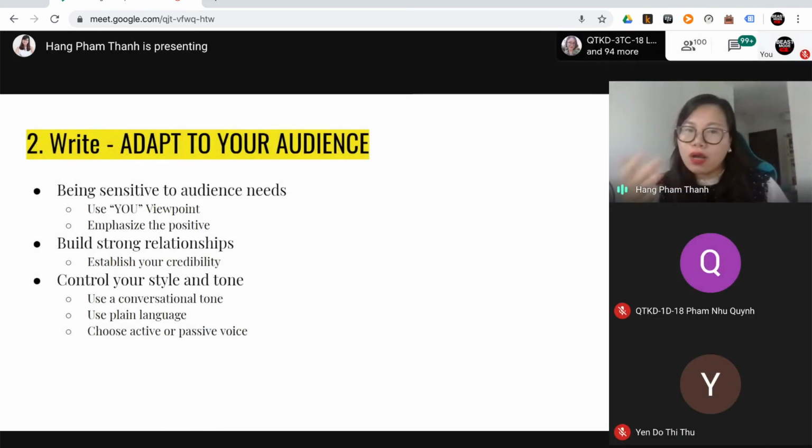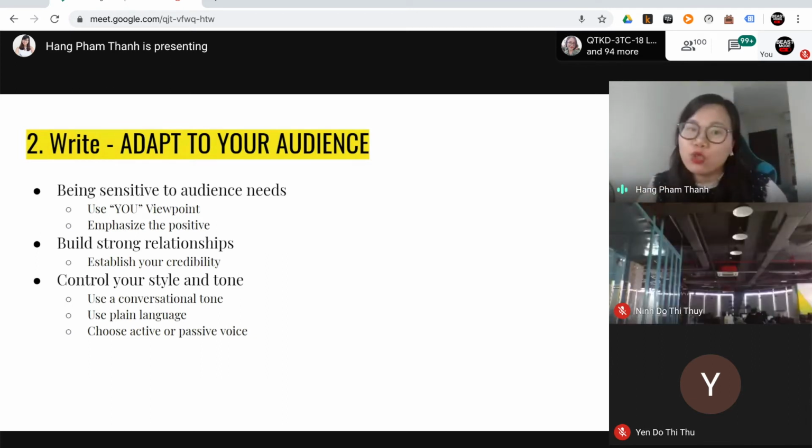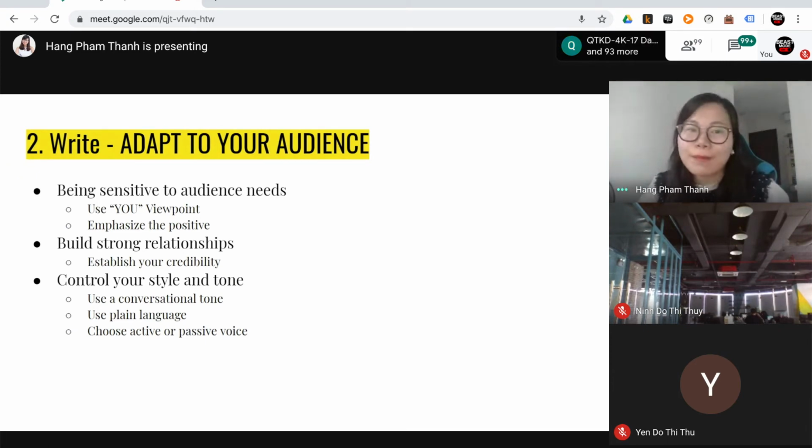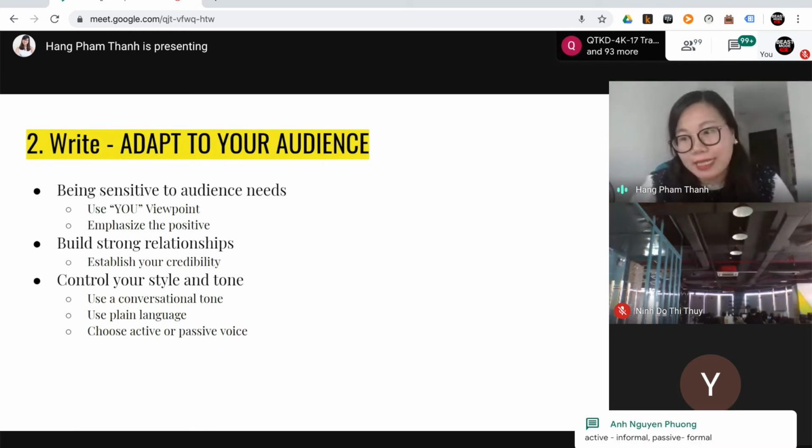Okay. So another thing to consider is either to choose active voice or passive voice. Which one should you choose in which situation? Can you tell me? I believe we are all very familiar with passive voice and active voice when writing. But in which situation?